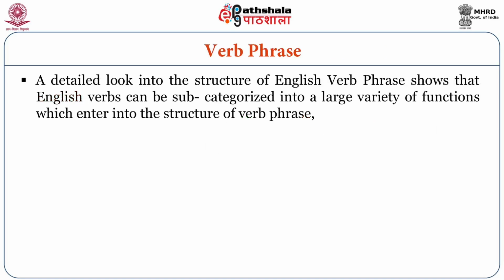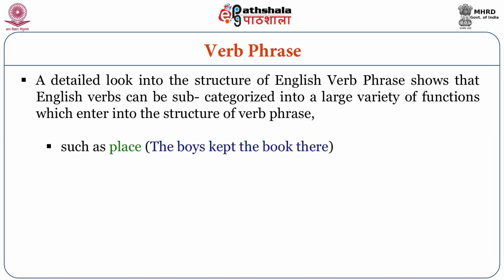A detailed look into the structure of the English verb phrase shows that English verbs can be subcategorized into a large variety of functions which enter into the structure of the verb phrase, such as place: the boys kept the book there. This "there" shows the place. Manner: the player played well. The player played in what manner?